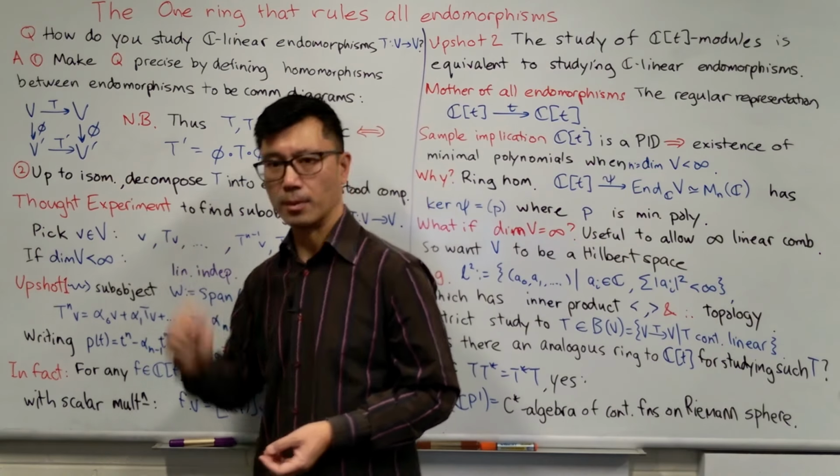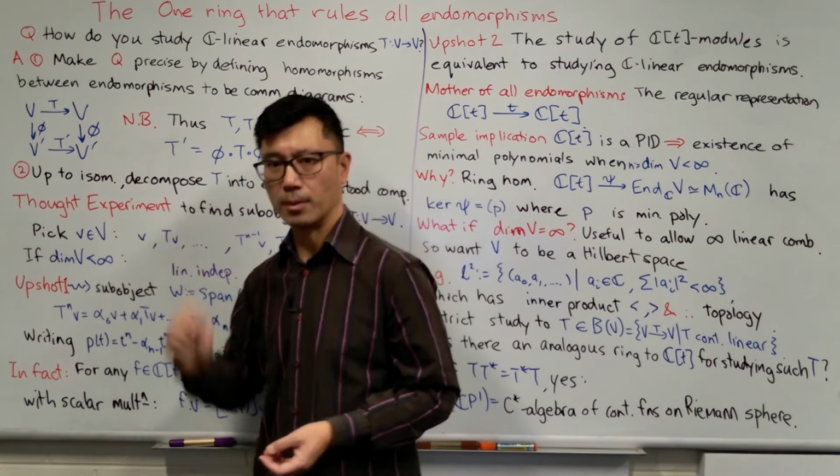So that's why this is the mother of all modules, essentially, over C[t], and hence this is the mother of all endomorphisms. And that's why this polynomial ring is the one ring that rules all endomorphisms.